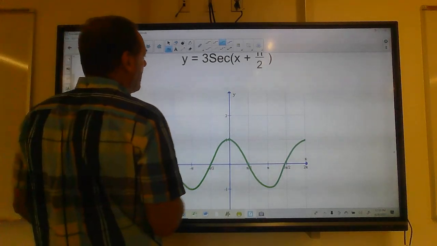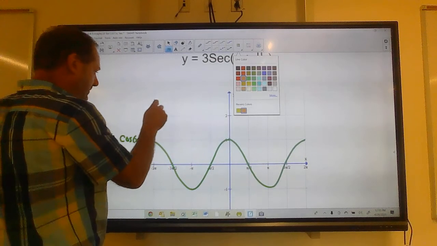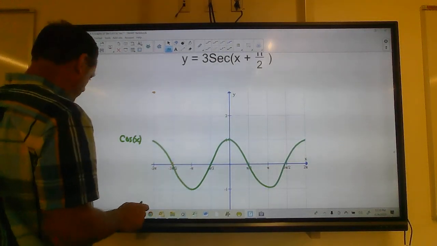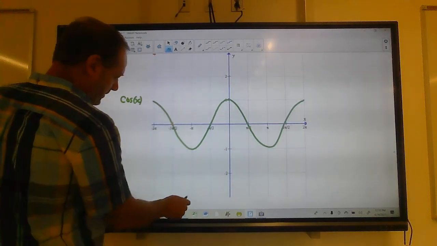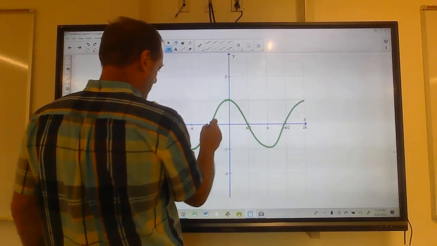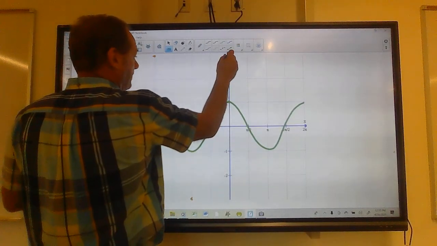So 3 is going to stretch this thing 3 times. So this is now going to have a key point here, here, here, here. I'm going to be hard pressed to fit this on here.